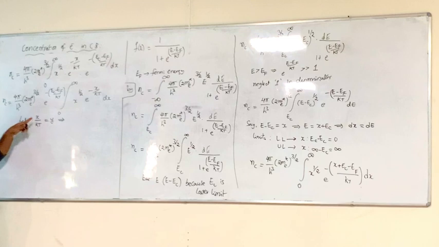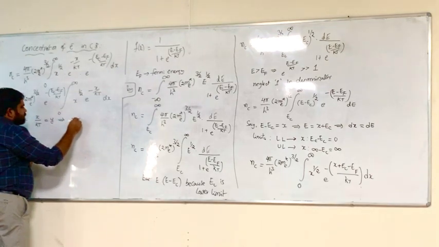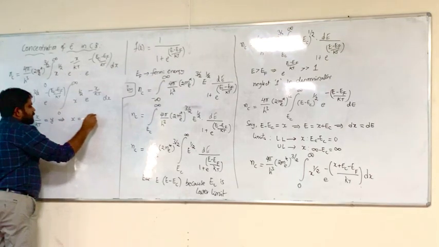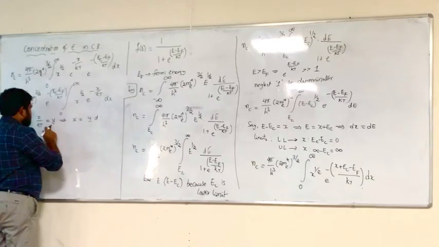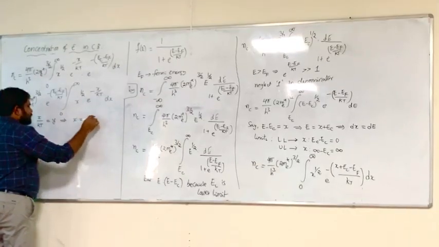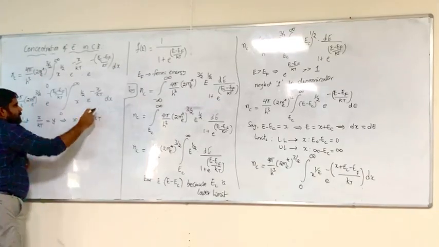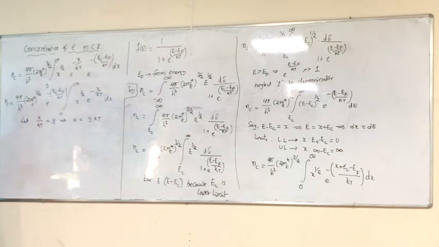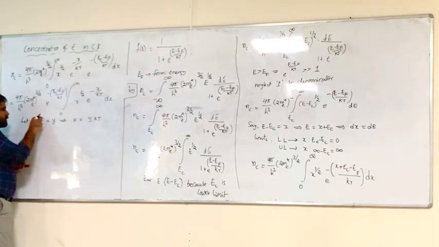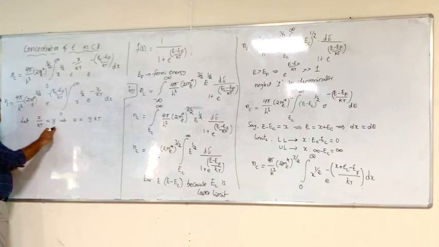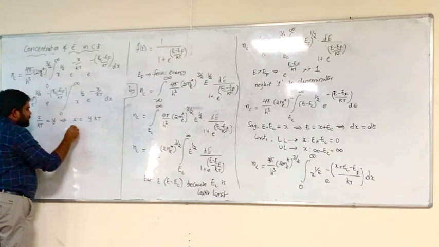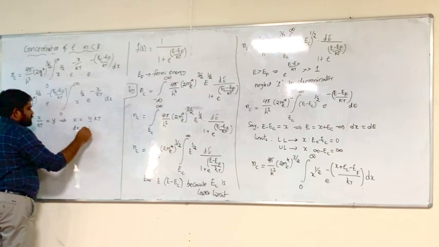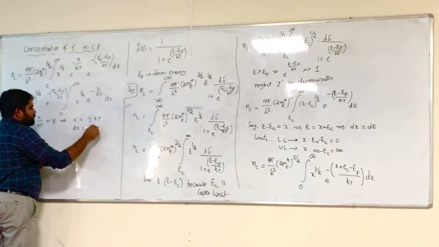So x becomes y into kT. dx should change as dy because all the x's you are representing in terms of y. So what does dx become? dx is equal to kT, which is constant, keep it here, into dy.